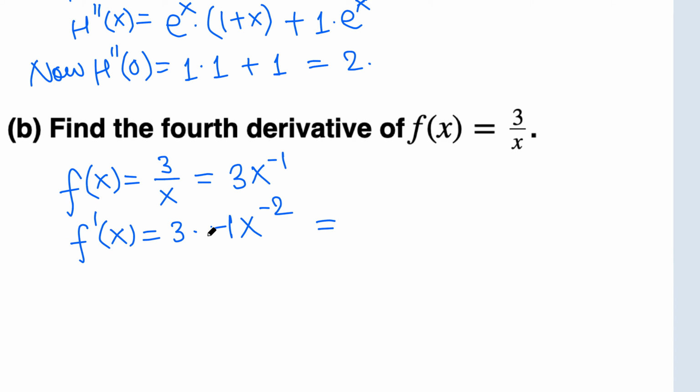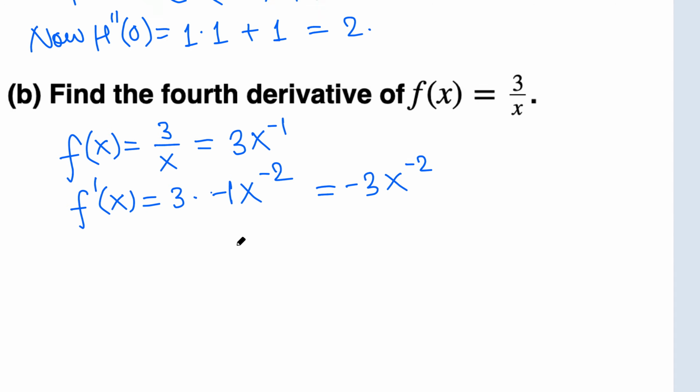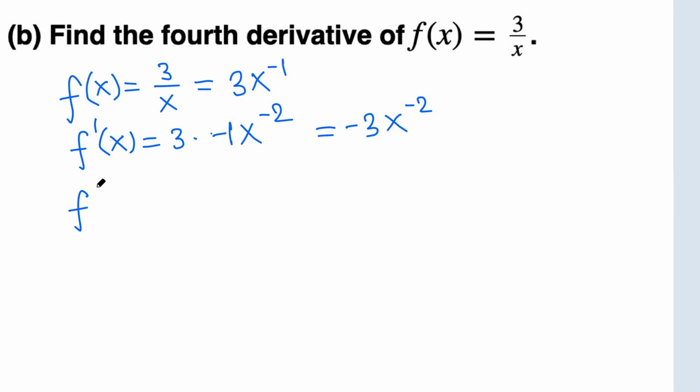Let's simplify. So 3 times negative 1 is negative 3 x to the negative 2. We can put x to the negative 2 on the bottom to make x squared, but we are finding the fourth derivative, so let's leave it this way. That's the first derivative.